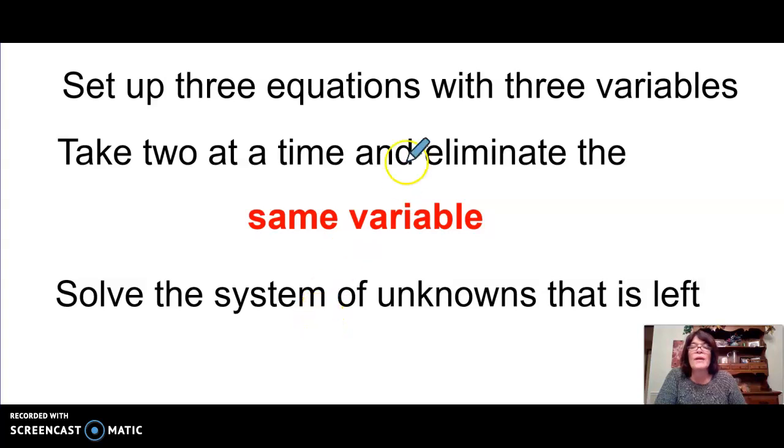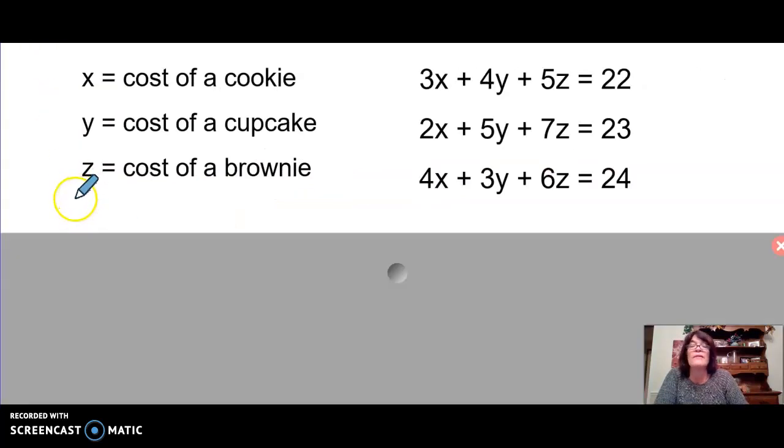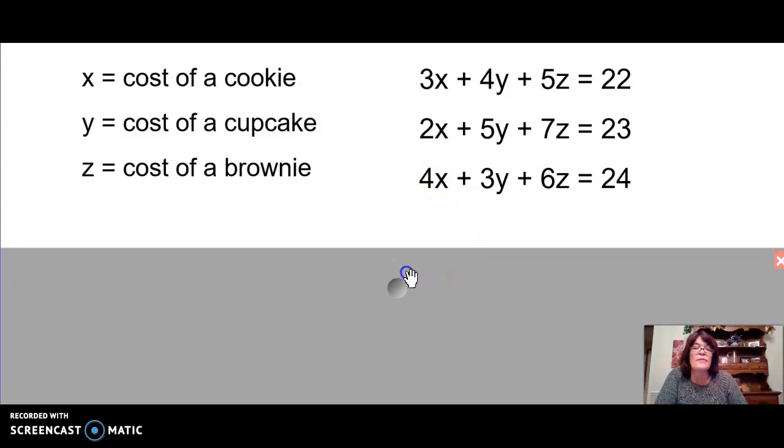What we're going to do this time is take 2 at a time and make sure that we eliminate the same variable. That'll give us a system of 2 equations and 2 unknowns to solve. Okay, so let's look here. I have my 3 equations. What I'd like to do is take 2 at a time and decide which variable I'd like to get rid of.